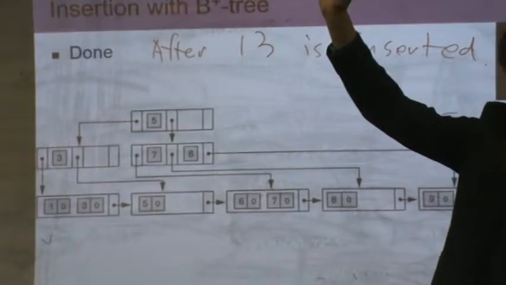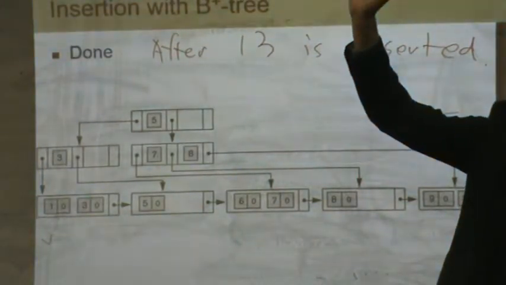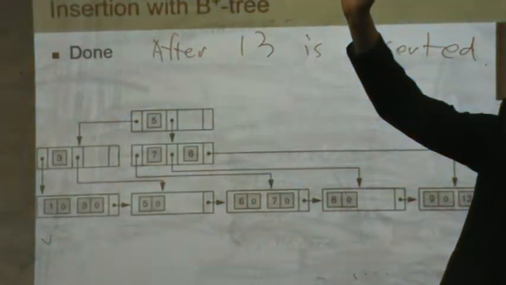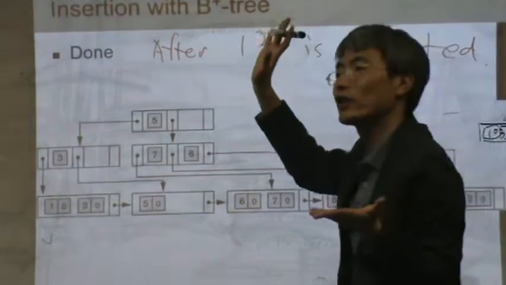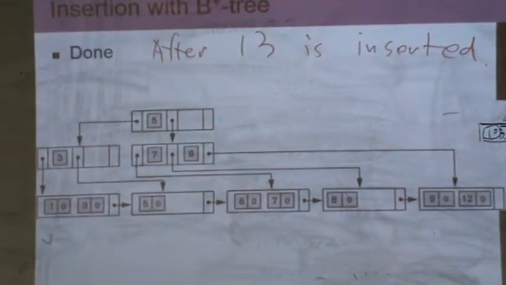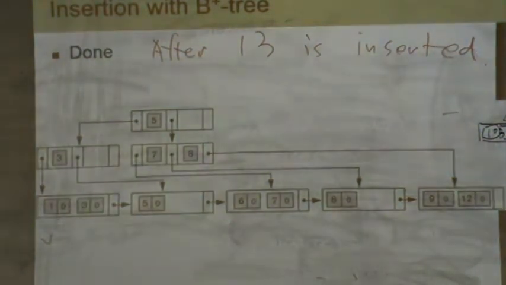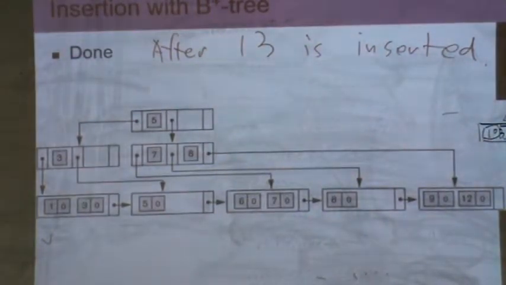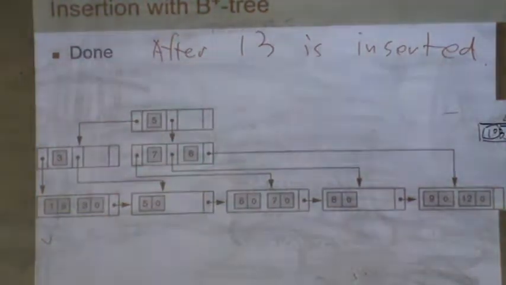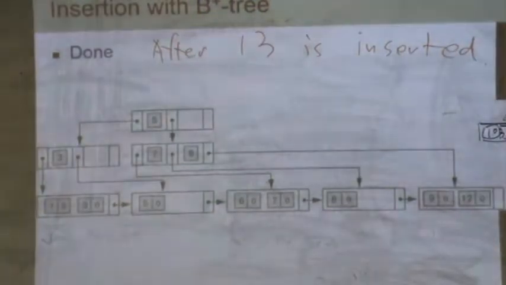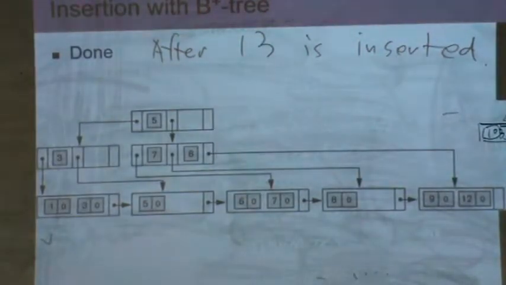Different. Anyone who can justify why it's the same, why it's different? Same. In a B plus tree, equal or less goes to the left and bigger goes to the right.